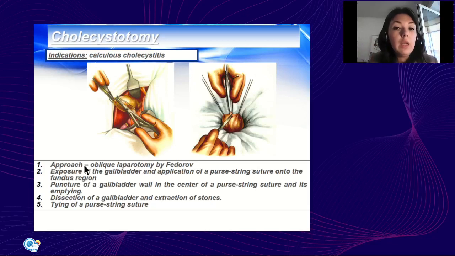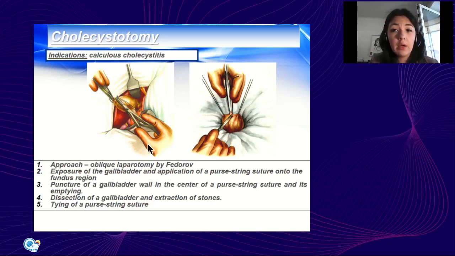Then in the center of this purse string suture, we perform a puncture of the gallbladder, and we evacuate all the bile from it. Why do we evacuate all the bile? Because we shouldn't allow bile to get into the peritoneal cavity, because just like gastric juice, it is a very irritating liquid.